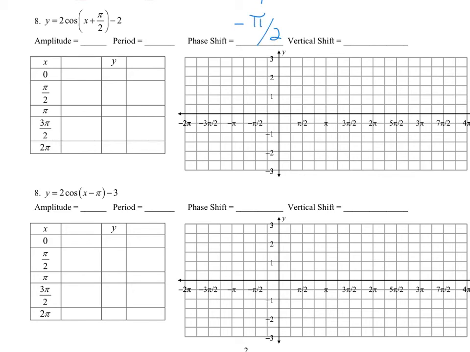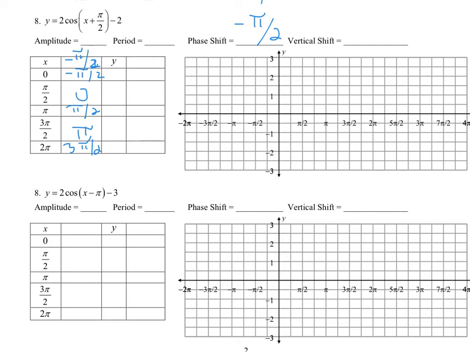That means I'm going to subtract pi over 2 from all of my angles. And when I do that, I get negative pi over 2 for my first angle. Then I get 0. Then I get pi over 2. Then I get pi. And then 3 pi over 2. And those are going to be my angles.